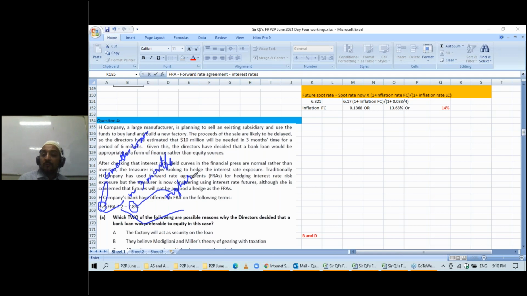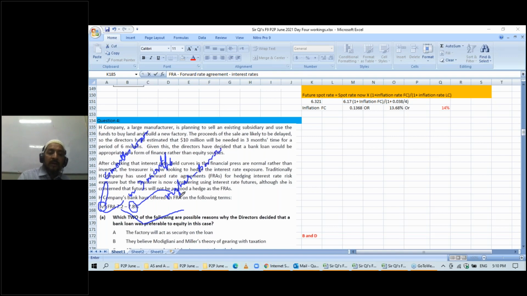And if you ask them to borrow funds, they will give you at a higher rate because they earn a margin. They give you a loan at a higher rate and they take money from you at a lower rate. There is a difference in both rates, so they earn money. So the rate for your borrowing will be higher.